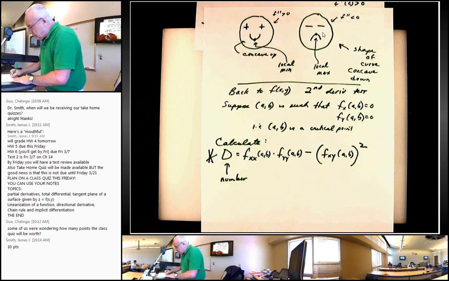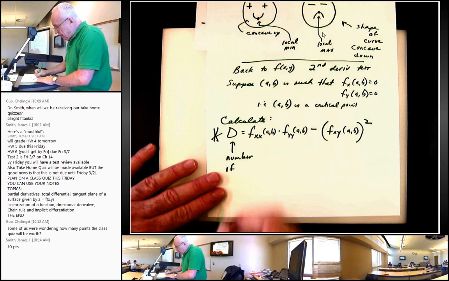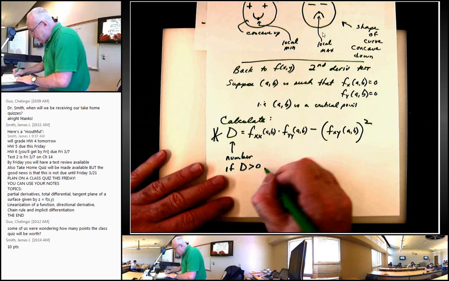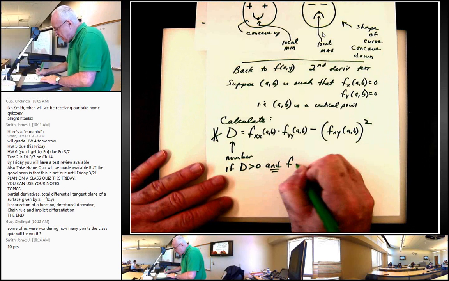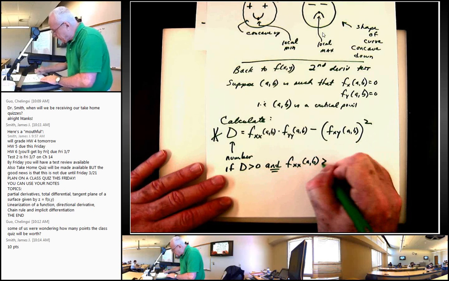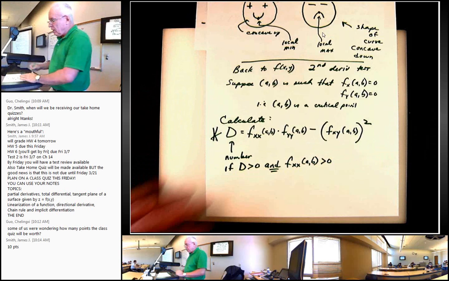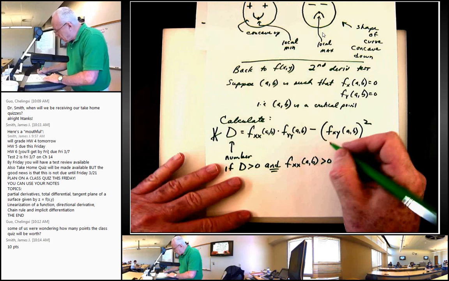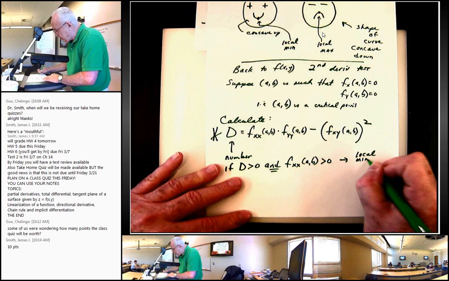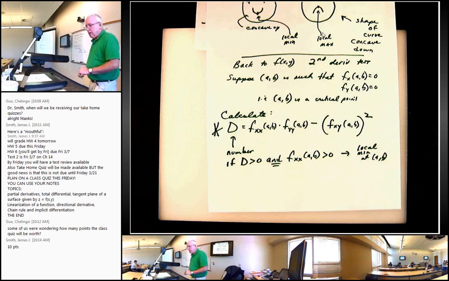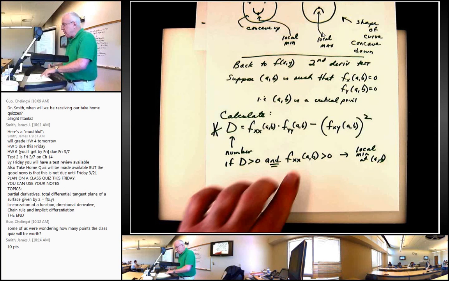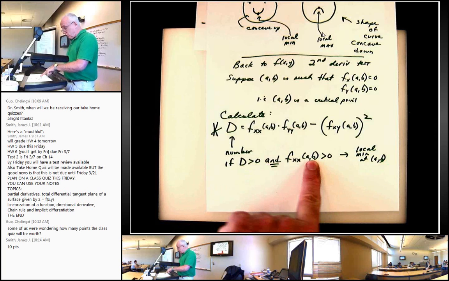So what does this number tell us? Well, if this D value is bigger than 0 and fxx at (a, b) is also bigger than 0, then we're going to have a local min at (a, b). Now, a way to remember this again is that little happy face drawing.